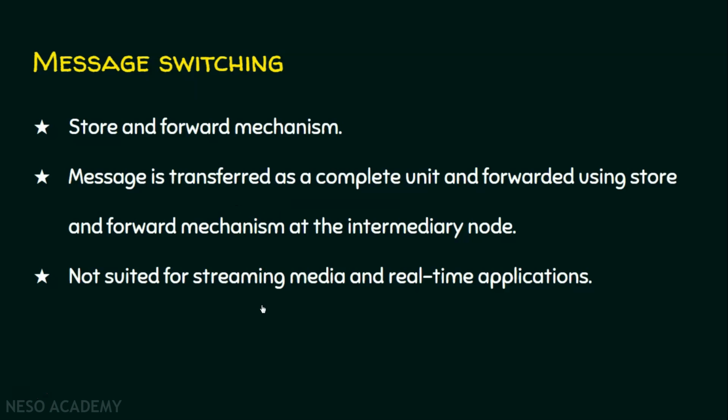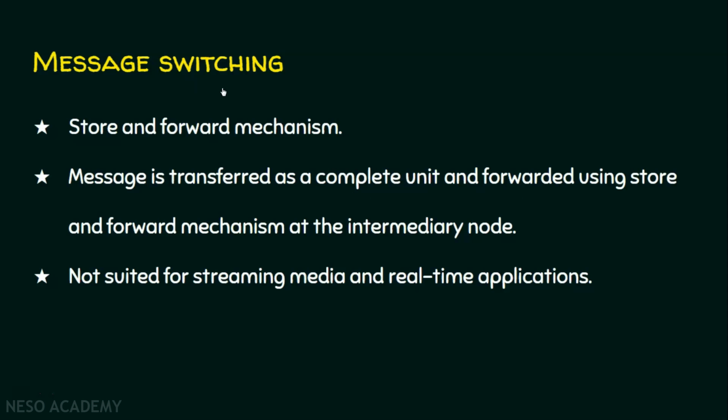Suppose the sender wants to send big data, and this big data cannot be transferred in a single stretch, so it is broken into individual entities or pieces, and each of these pieces is transmitted to the intermediary node. This intermediary node receives all the small pieces and constructs the full message. After getting that full message or the complete unit, only then does it forward the data. This is what message switching is.